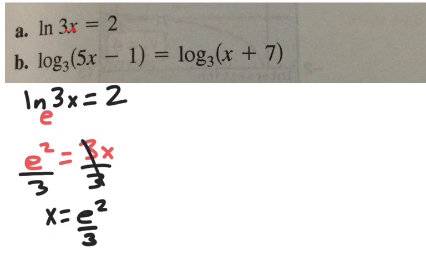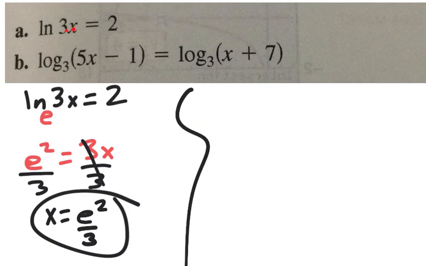There it is. 3 times e squared over 3. I get 7.389, right? So my argument is positive. Therefore, it didn't break the logarithm. So that works. I'm always plugging in, making sure my argument is positive. Everybody understands what I'm saying?